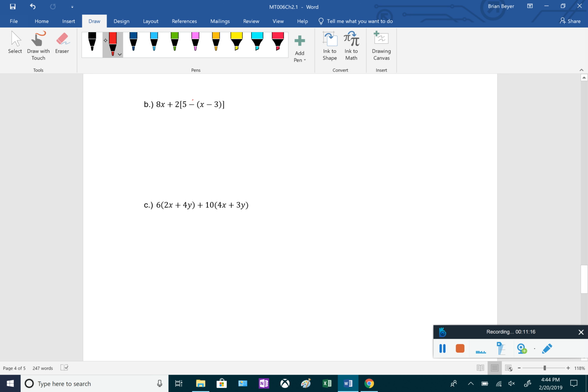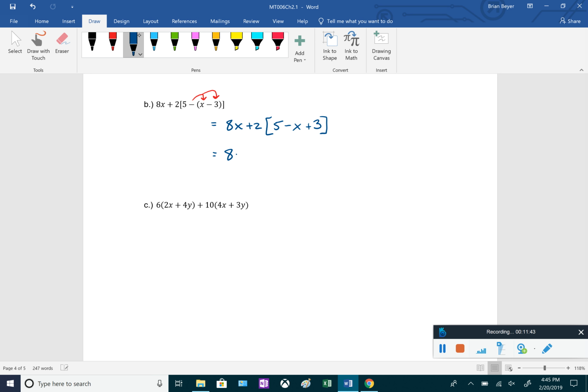So I'm going to distribute this negative, and remember, that's a negative 1. If it's just a negative, it represents negative 1. I'm just going to rewrite the first part, 8x plus 2, bracket, times 5. Distributing a negative 1, that's going to be minus x, and then the 3 becomes positive, because negative times negative becomes positive.